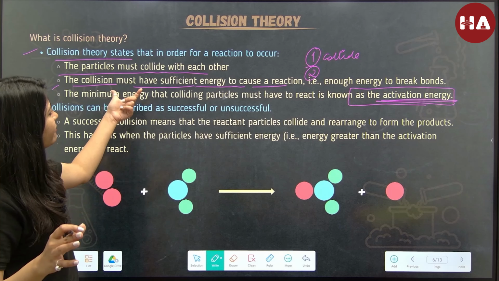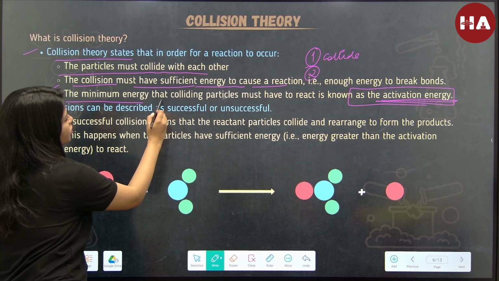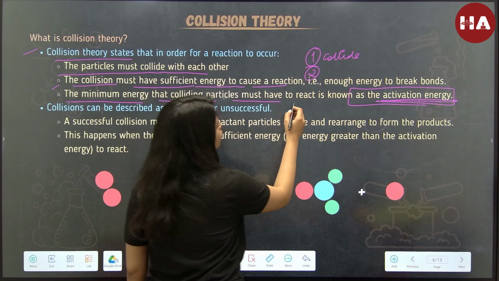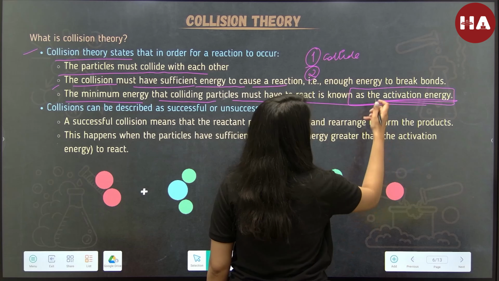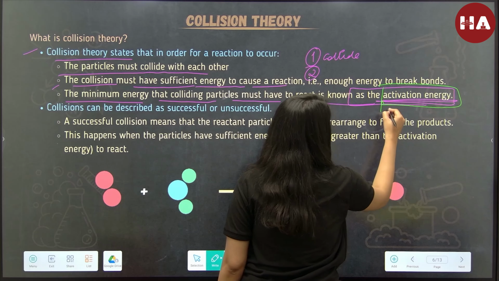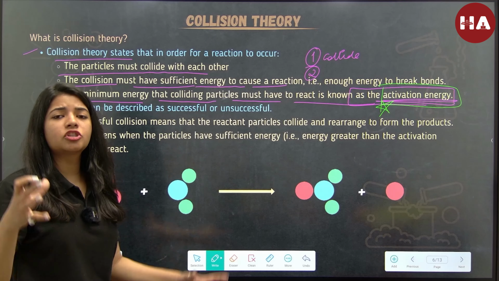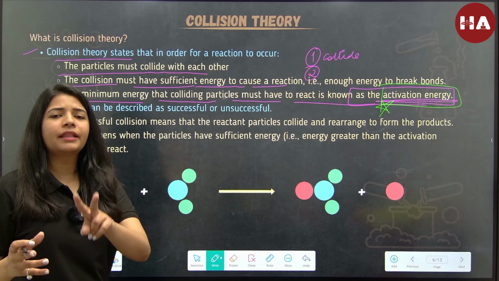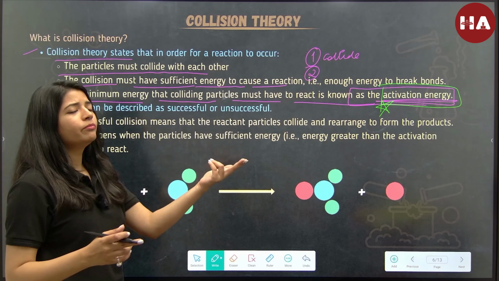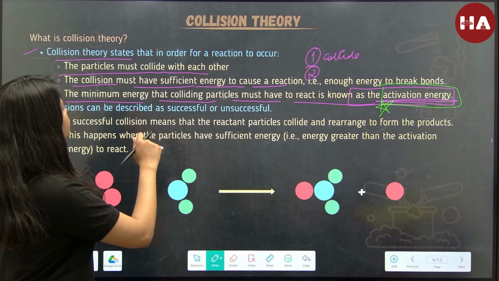Right, so that sufficient energy, the minimum energy that colliding particles must have to react, is known as activation energy. This is very important. So if the particles have this enough energy, which is activation energy, and they collide, then they will convert into product. Only then will the reaction take place.